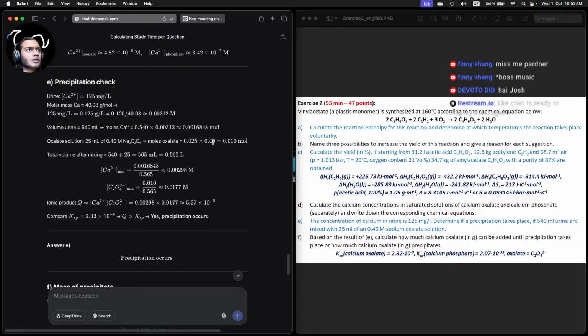Okay, so it's mole per liter? Okay, it's mole per liter.